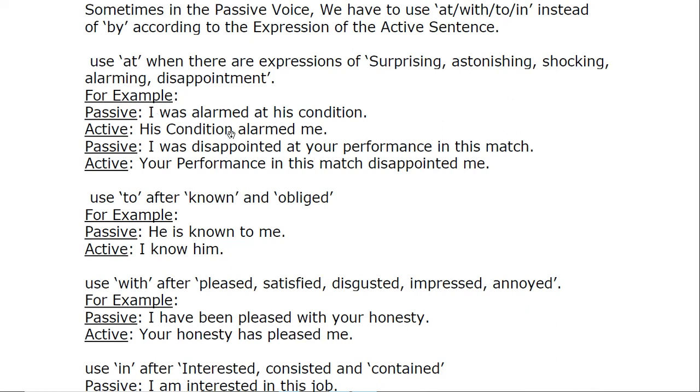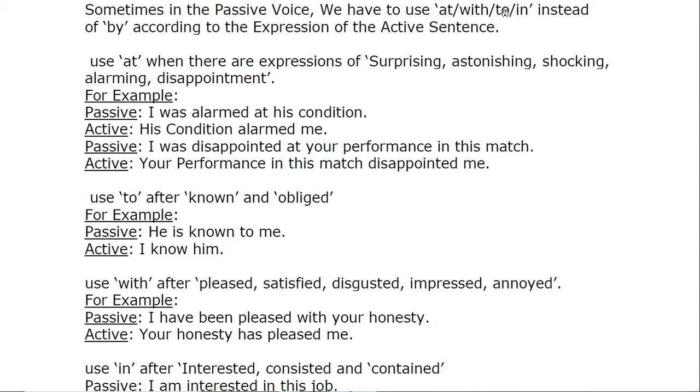Okay. Now I said, remember in the beginning, 99% of the time you use by. Sometimes you use at. So sometimes you use which words? At, with, to, in. Remember that. 99% you use by. Sometimes you use at, with, to, in. Okay. So whatever is there after this, at, with, to, in.